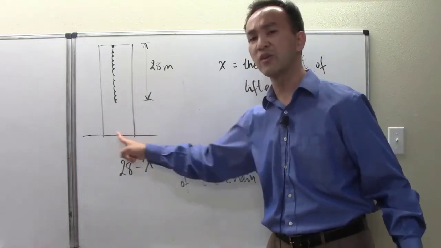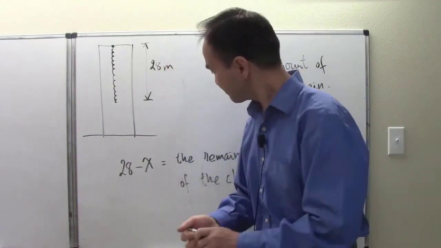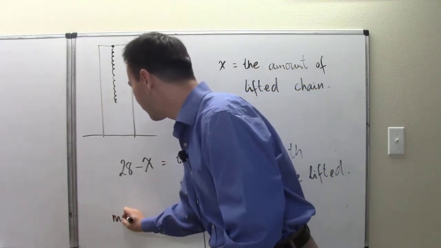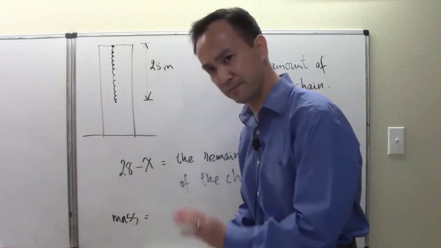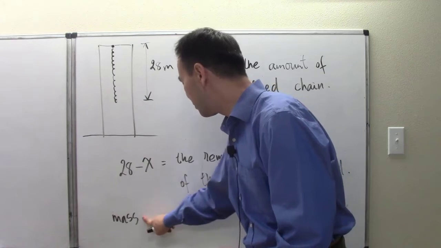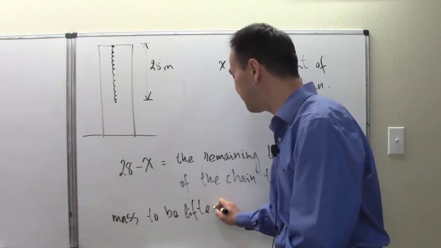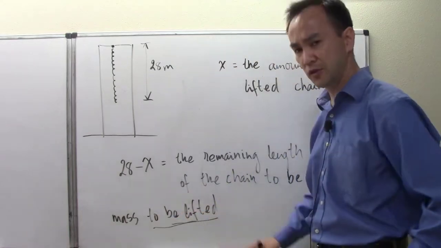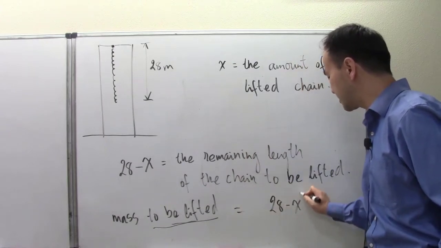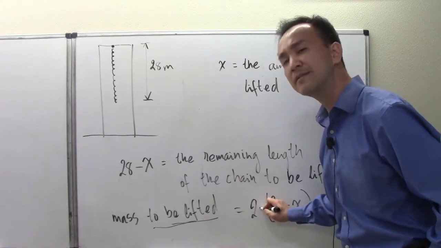So as we still have that much length left, then the weight, I mean the actual mass, I shouldn't rush into the weight yet. So the mass to be lifted, because what matters here is what's left to be lifted, will be 28 minus X, the remaining length to be lifted, multiplied by 2 kilograms per meter of length.